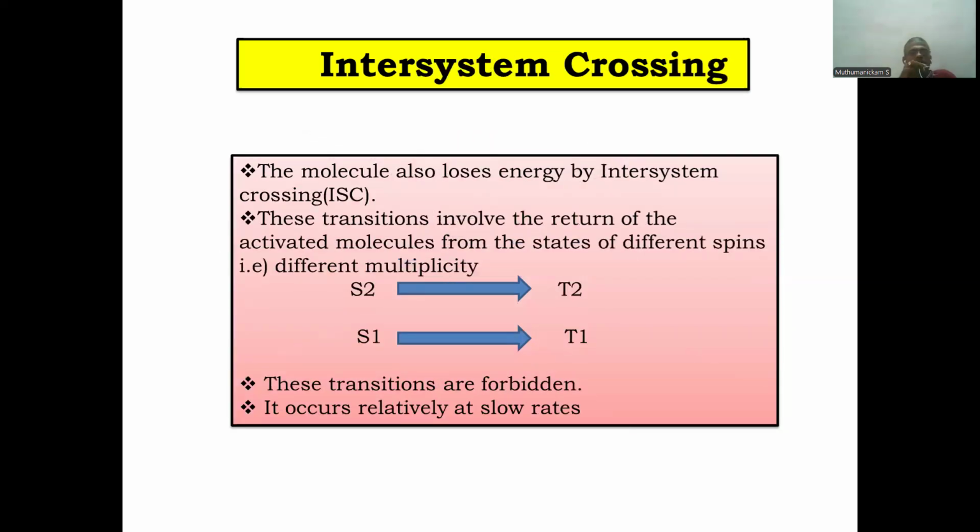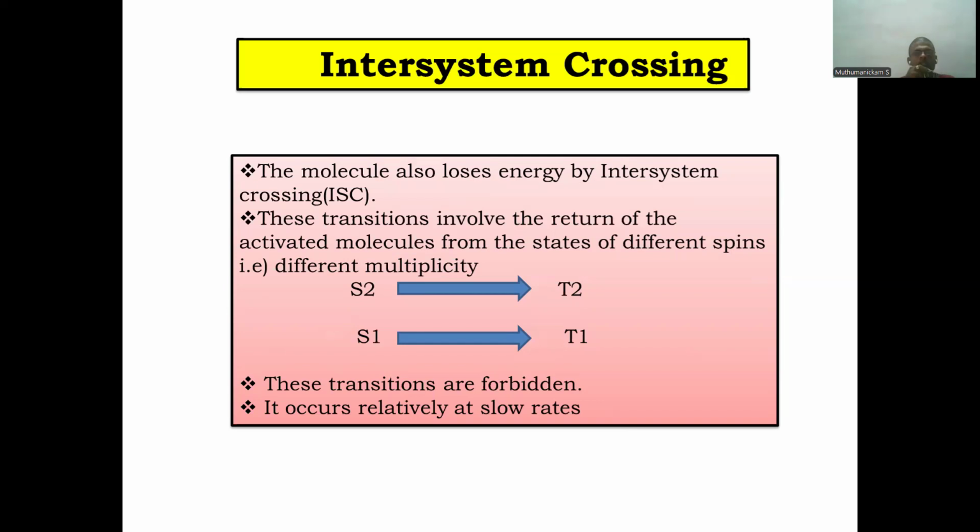Next is intersystem crossing. The molecule can also lose its energy by intersystem crossing. Intersystem crossing involves the return of the activated molecule from a state of different spin multiplicity, for example S2 to T2 or S1 to T2. Actually, this is a forbidden transition, but it occurs at a relatively slow rate.